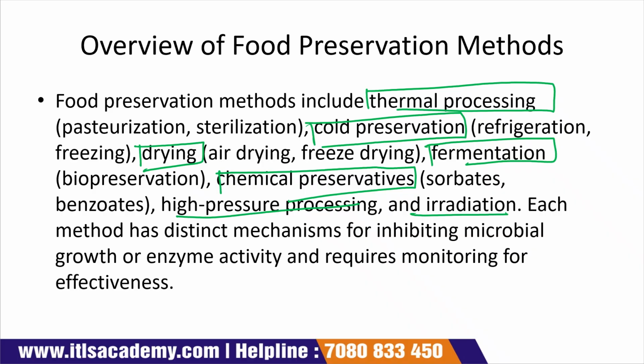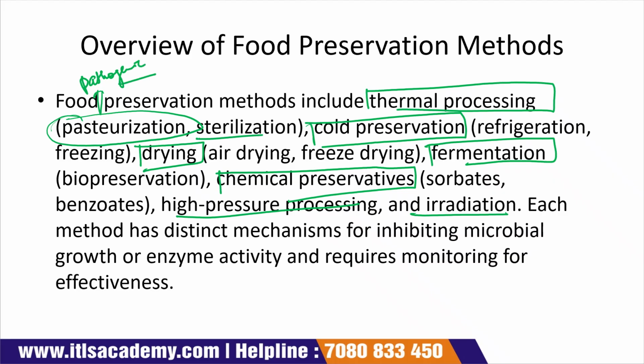In thermal processing, we apply heat, either mild heat or high heat. When we apply mild heat that only targets the pathogenic microorganisms, that category is known as pasteurization. Pasteurization is targeted at pathogenic microorganisms.